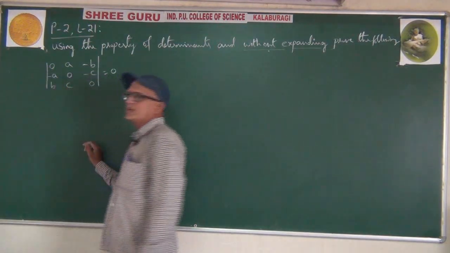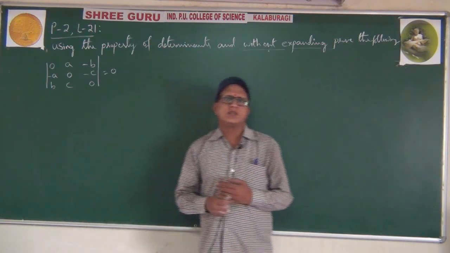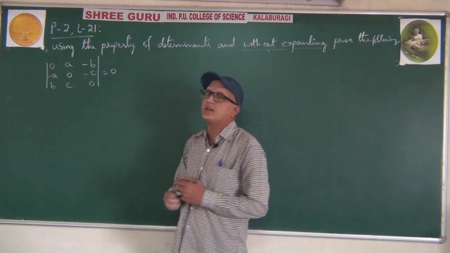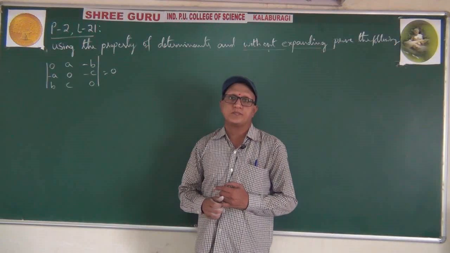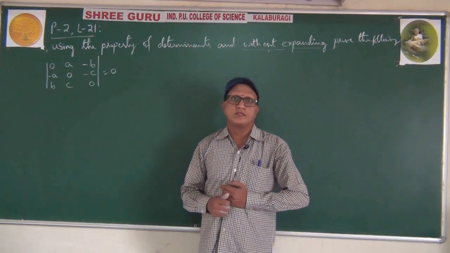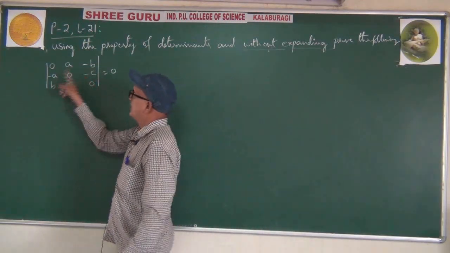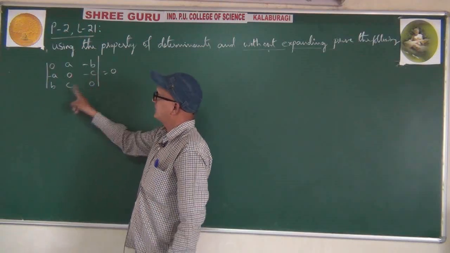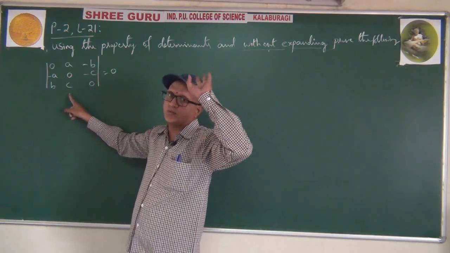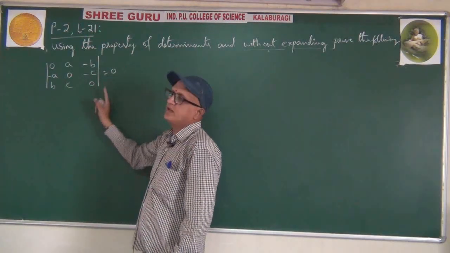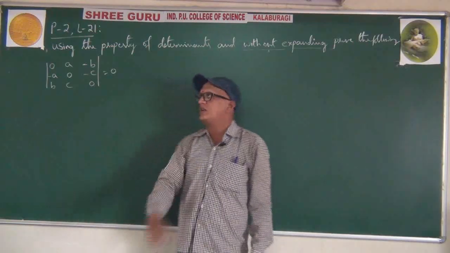Answer is 0. We know this already. It is a skew symmetric matrix: a, minus b, minus c. I already told you, the determinant of a skew symmetric matrix, the answer is 0.